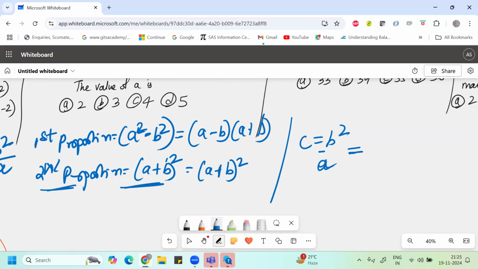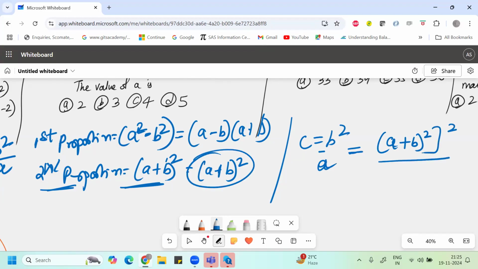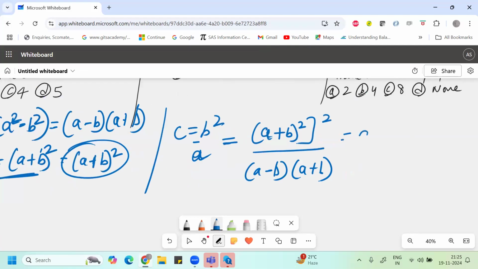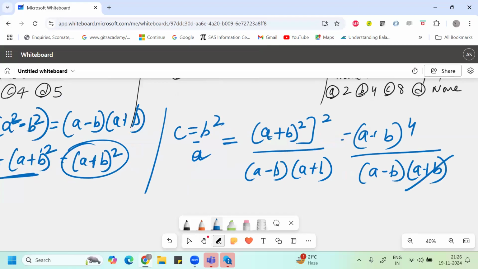So what you will do, guys? What is your B? This is your B. So this is A plus B whole square, divided by A minus B into A plus B. So if you solve this, this will become A plus B to the power 4 divided by A minus B into A plus B. So this and this get cancelled.